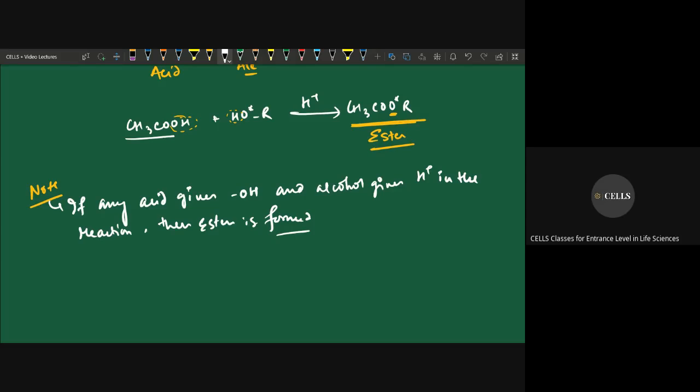So suppose we have glycerol. Glycerol is an alcohol.